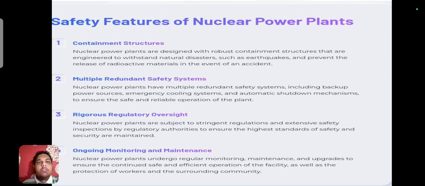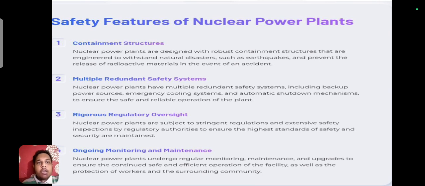Multiple redundant safety systems. Nuclear power plants have multiple redundant safety systems, including backup power sources, emergency cooling systems, and automatic shutdown mechanisms to ensure the safe and reliable operation of the plant. Rigorous regulatory oversight.